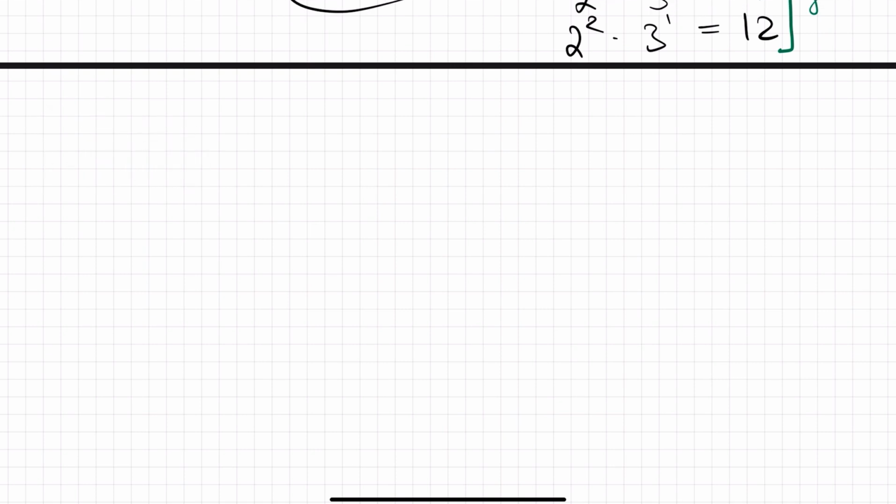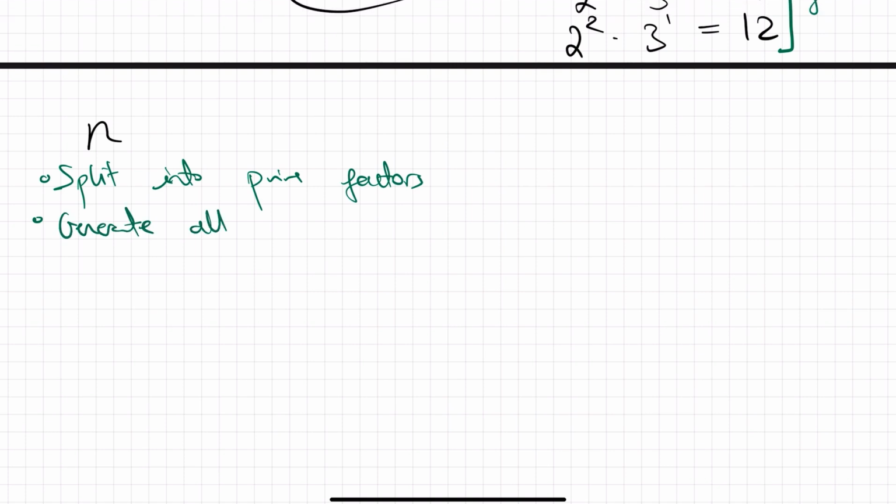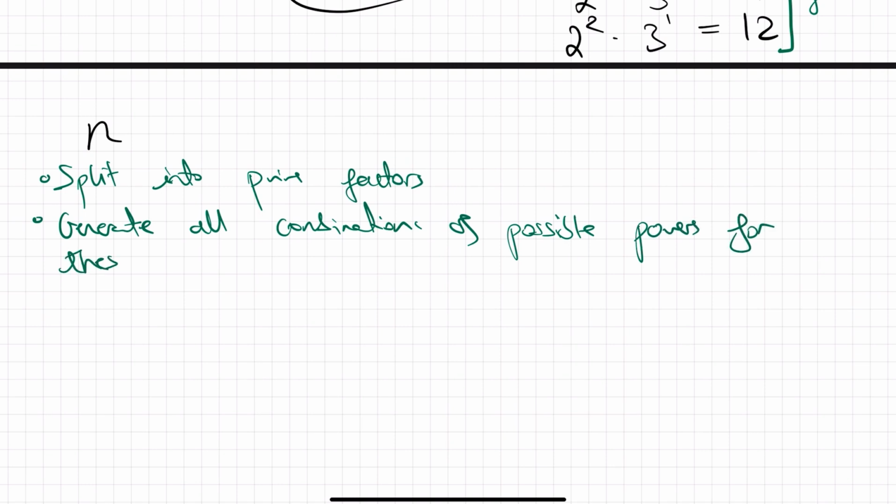So essentially, if we have a number n, we want to split it into prime factors, and then we want to generate all combinations of possible powers for these prime factors. You guys should know what I mean by that.